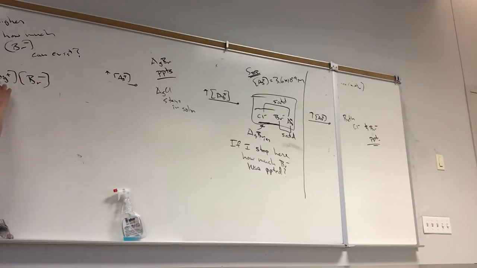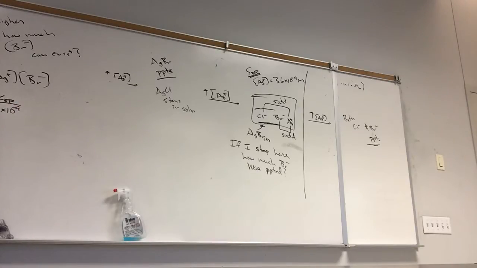All we've been doing is increasing the silver and decreasing the bromide, getting it to precipitate out. So now we figure out the bromide ion concentration at this point in the titration, because a lot of it must have precipitated out. The bromide concentration is equal to the Ksp divided by the silver ion concentration, and the silver ion concentration is 3.6 times 10 to the minus 9.